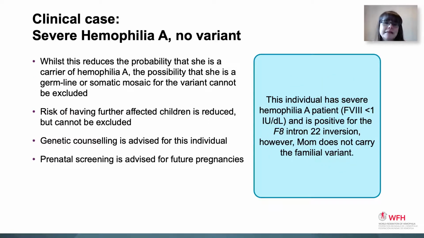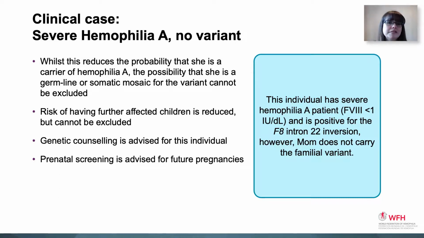For the next case scenario, we had a severe haemophilia A patient who had a factor 8 level of less than 1 international unit per deciliter, who had previously been identified to be positive for the factor 8 intron 22 inversion. We had a sample referred for his mother to determine her carrier status, and she was found not to carry the familial variant.